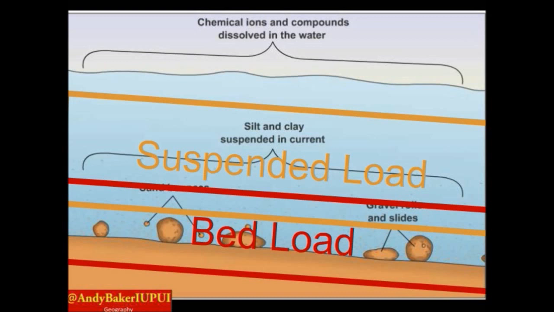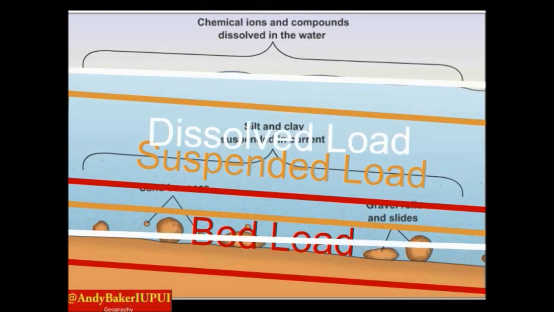Next up we have what we refer to as the suspended load. And so we find another layer. The suspended load, of course, is going to be stuff that's lighter, silts and clays, more characteristic of being able to be held aloft, and of course our dissolved load, which you can pretty much see throughout. And so dissolved load, we all know that if we go out to the White River, or really any river, especially here in Indiana, we get a cup of it, it's not going to be crystal clear.